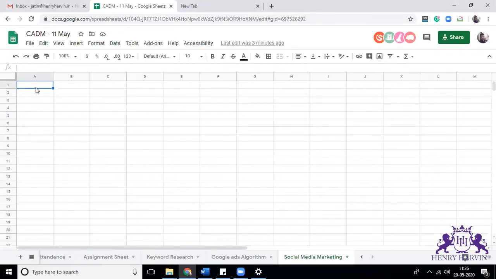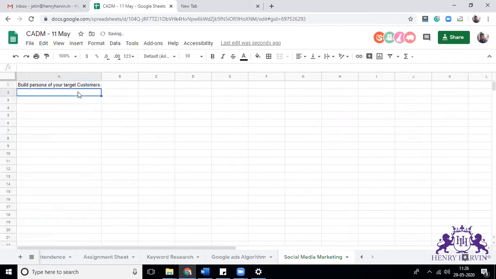What are the processes to do it? The first process in social media marketing is to build a persona of your target customers, who they are, what they do. I will come to that in detail. Second is to build the content calendar. When I say content calendar, based on the persona, you will build a content calendar.